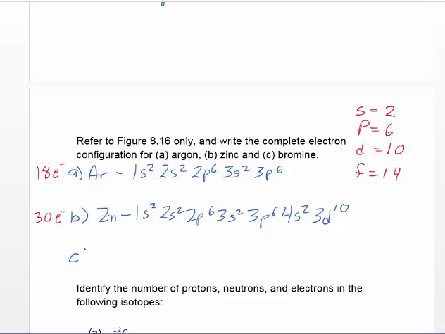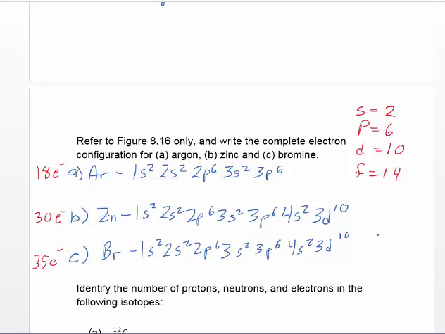Now, finally, let's do one more of these, and that would be bromine. Again, we'll have to look up how many electrons that has, go to your periodic table, and we'll find that it has 35 electrons. 35 electrons means there's 30, and we just need 5 more. So we're going to copy the entire thing we just did for zinc through the 3d10 level, and now we need 5 more electrons.